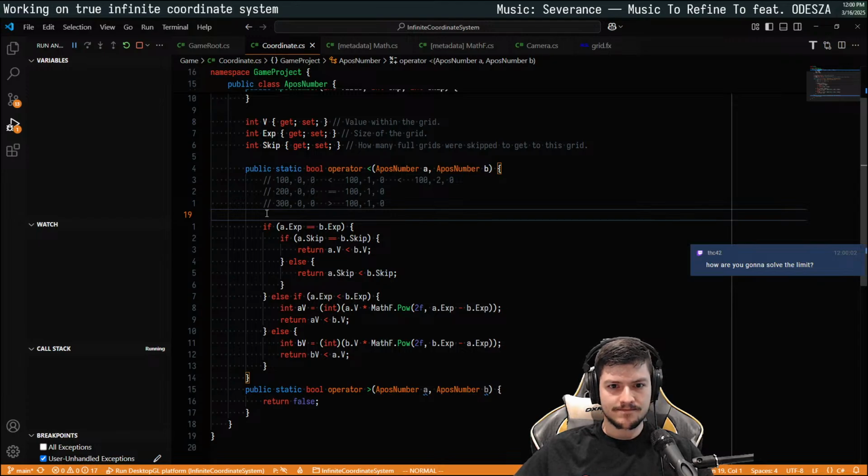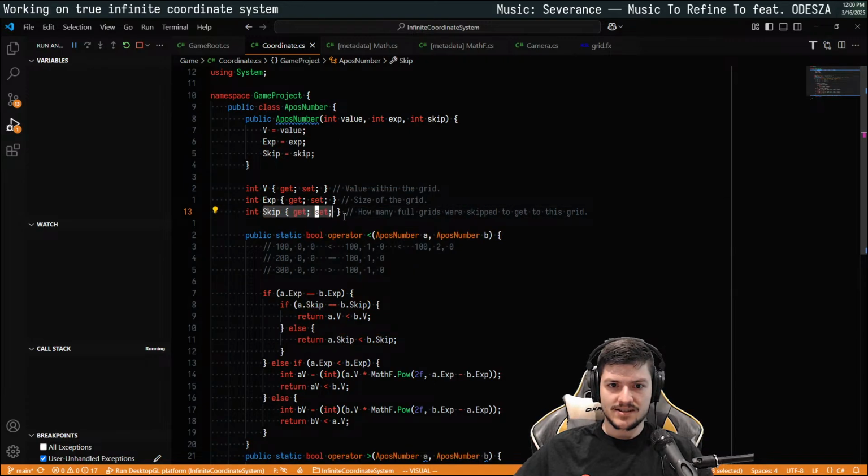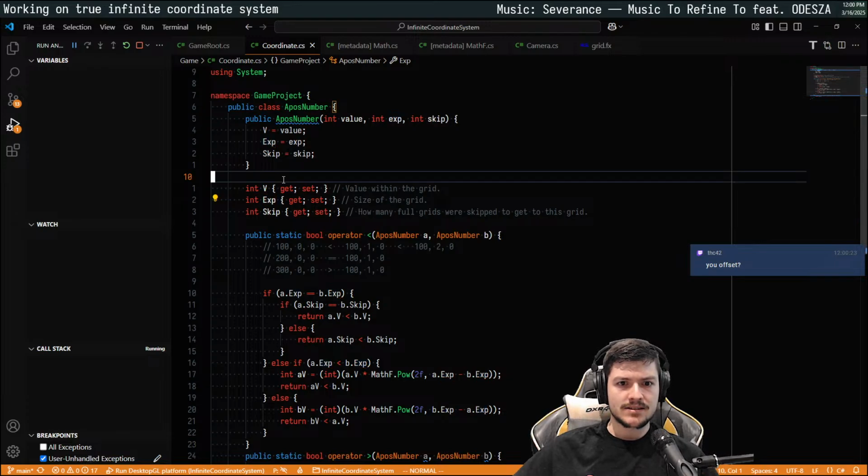The limit, when you run out of numbers, like this number gets to 2 billion. For the exponent, this is fine. The limit is so high that we probably don't care. You offset, yeah, exactly.